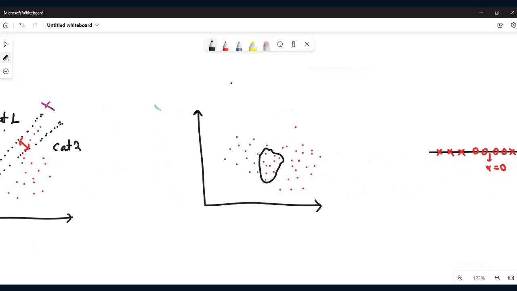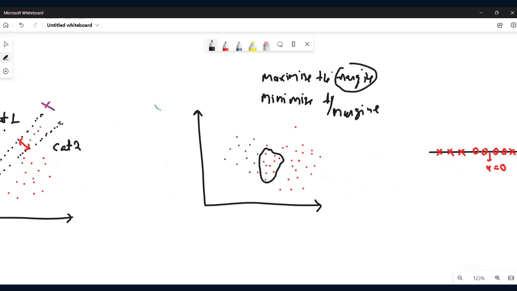So now how the mathematical equation works in this case is that we are trying to maximize the margin, or we are trying to minimize 1 divided by margin, right?